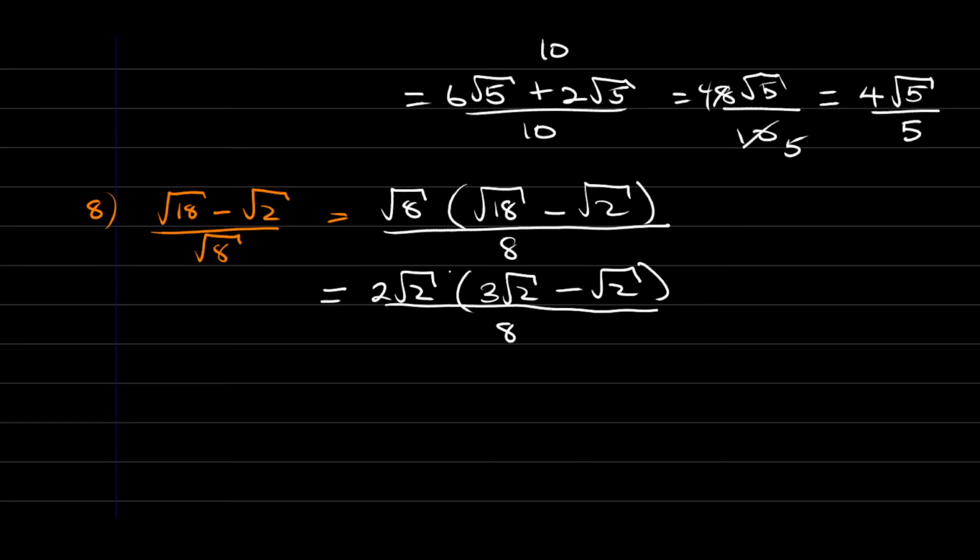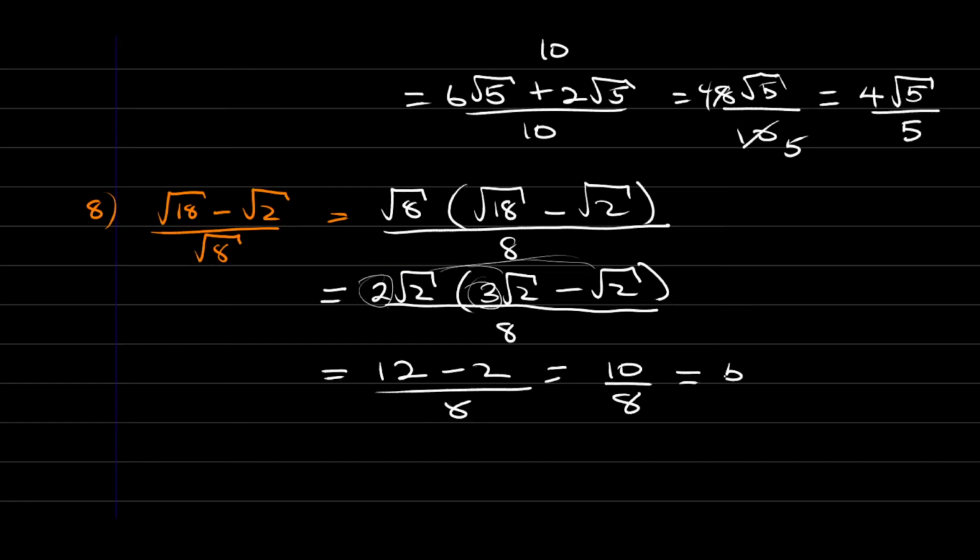Okay, so that's working out nice. So I have root 2 by root 2 here, and that'll just give me 2 to work with. So it's going to be 2 by 3 by root 2, which is just 2, and that's 4 by 3, which is 12. And then root 2 by root 2, which is just simply 2, minus 2 divided by 8. This is just simply 10 over 8. And this here will be 5 over 4. And that's my answer there.